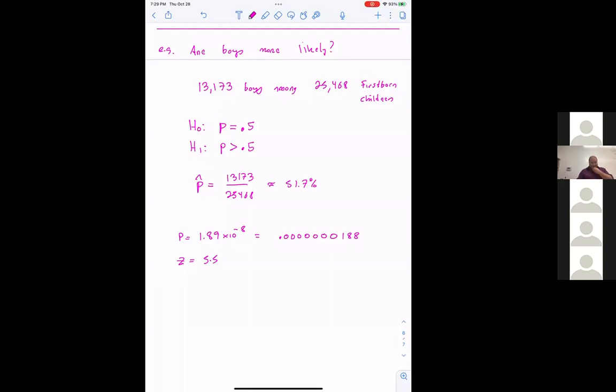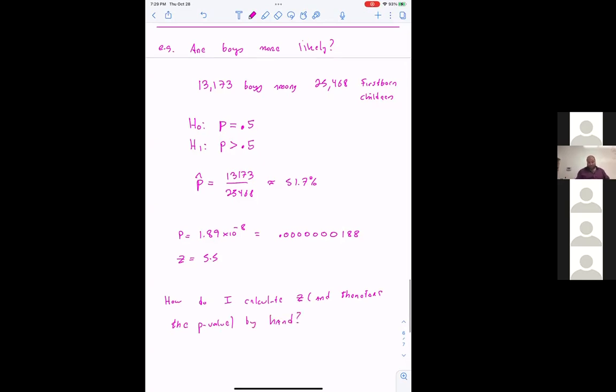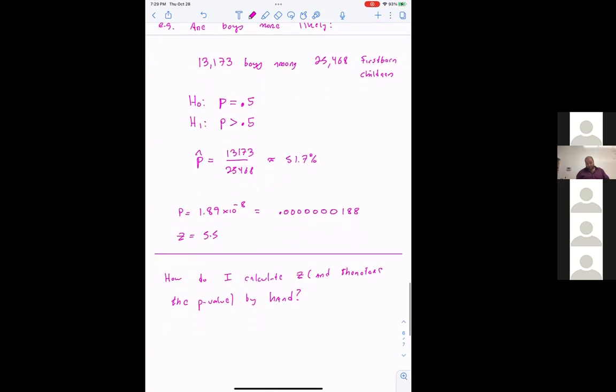Okay, now, how do I calculate Z and therefore the p-value by hand? It's always nice that the calculator can do it for you, but it would be nice to do it ourselves.